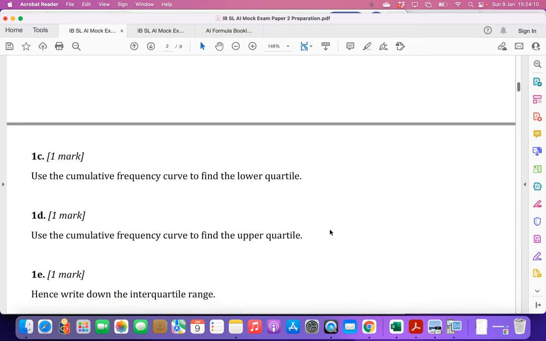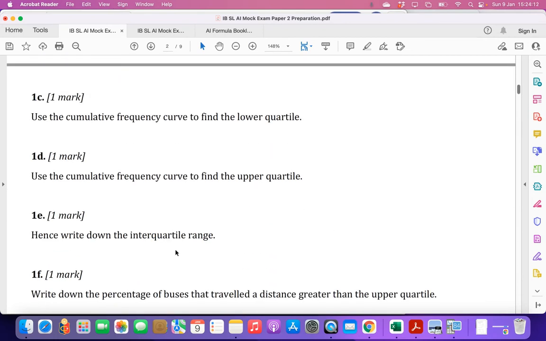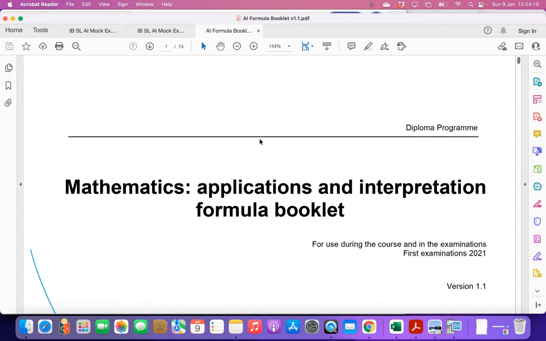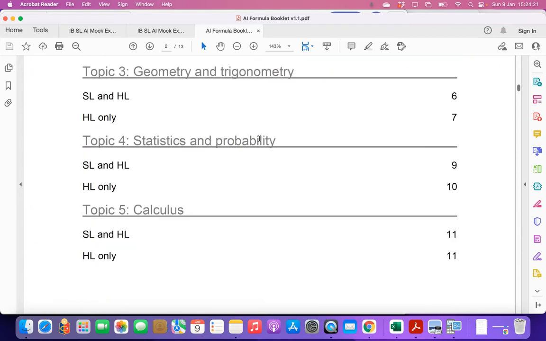Question E: write down the interquartile range. There's actually a formula for this, in Topic 4, statistics, the very first formula, but we know it's Q3 minus Q1.